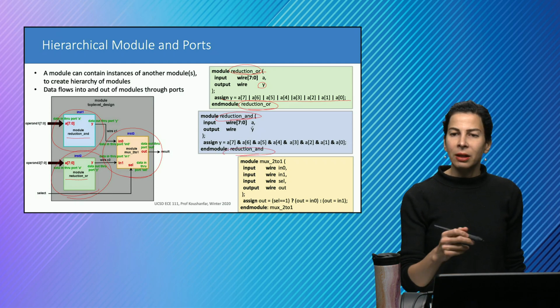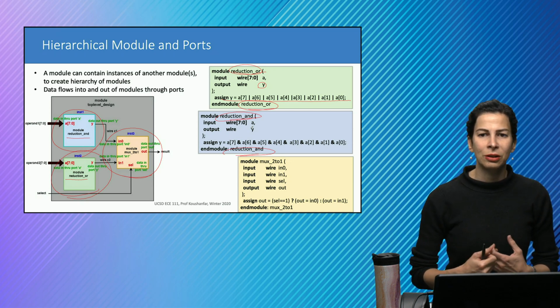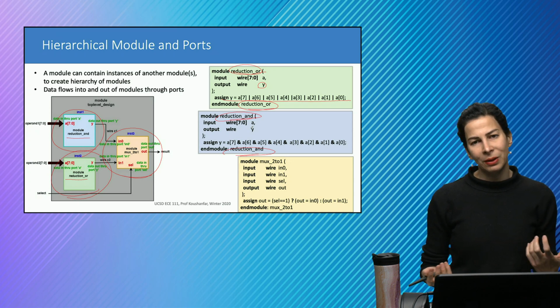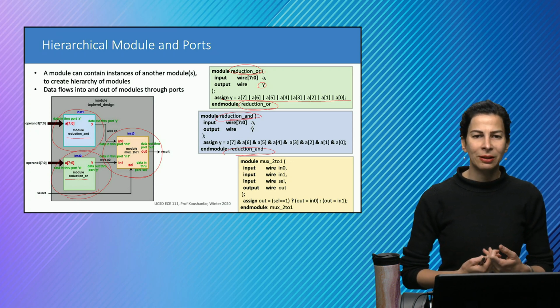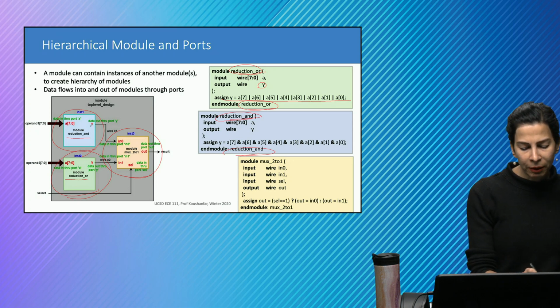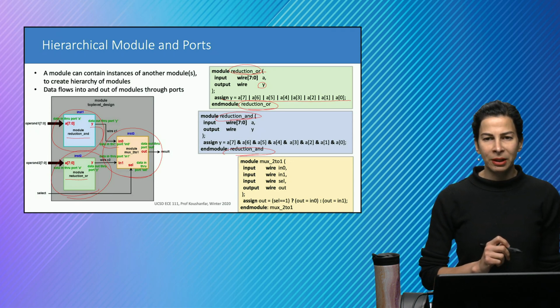Here we have to be careful, and we will be discussing interfaces and how to interface modules and handshake between them. But of course, the easiest form is to make sure that whatever needs to come out of this module and is going to the other module is properly connected.